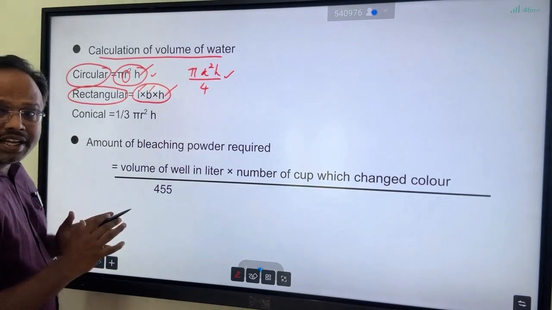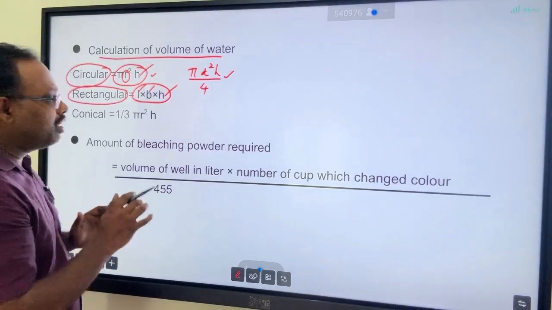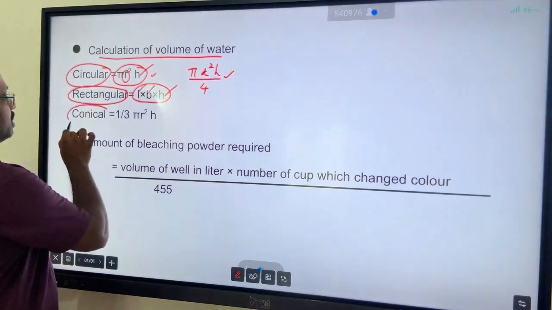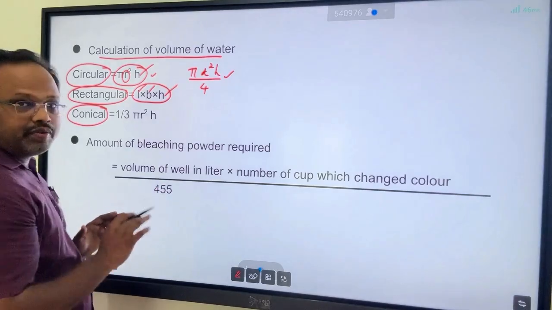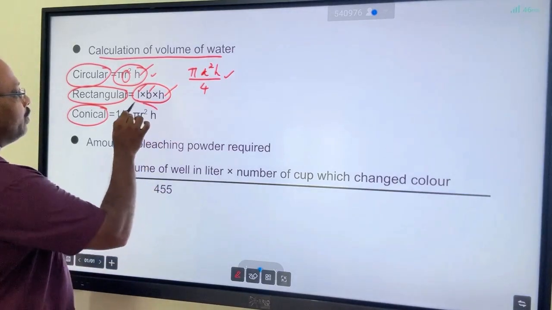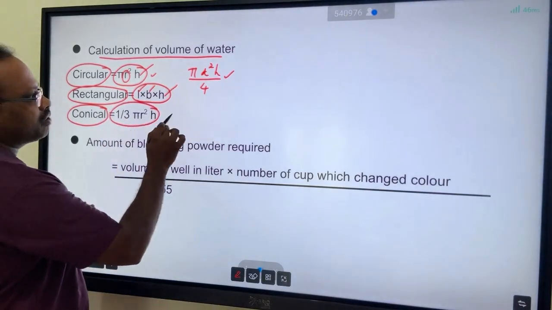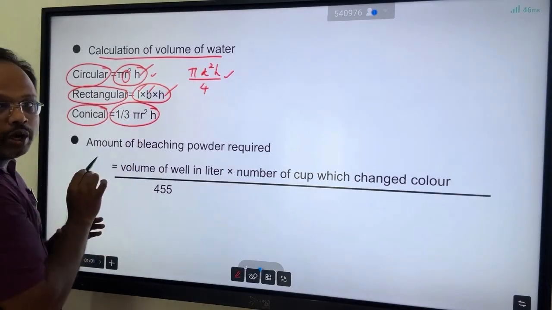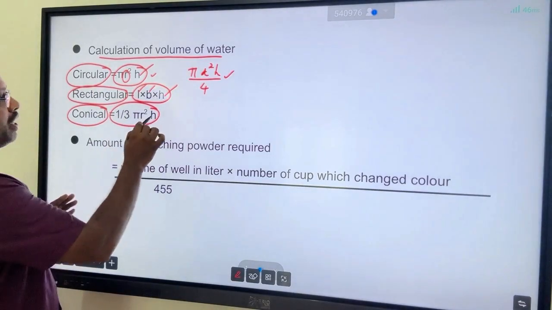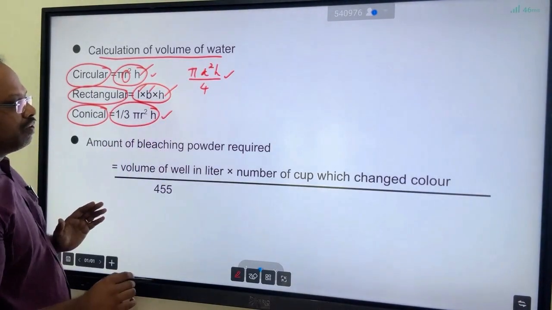Theoretically, conical wells are not commonly present, but if conical wells are given for the calculations, then you need to apply one by three pi r square h. That is, from the cylindrical well, we take one third of pi r square h as the volume of the well.